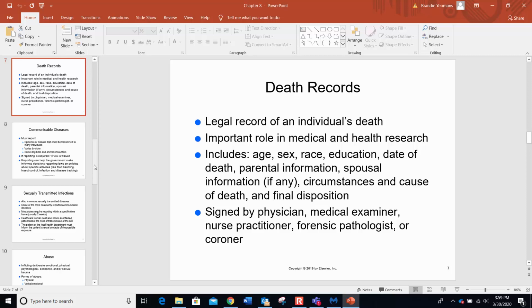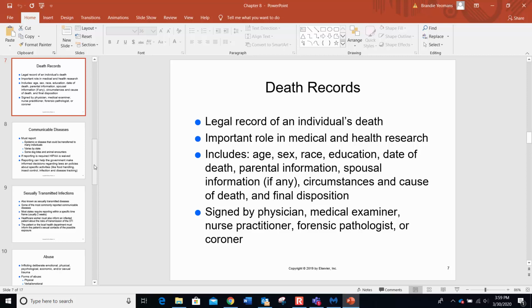With your death certificate, you're going to get a final record of someone's death, and this is needed for banking, insurance, pension benefits, transfer the property to someone else, IRS stuff for taxes, and Social Security. So this is very, very important that we get a death certificate.